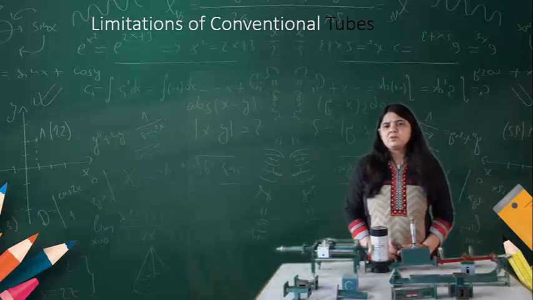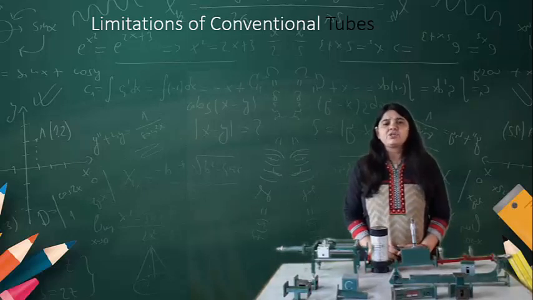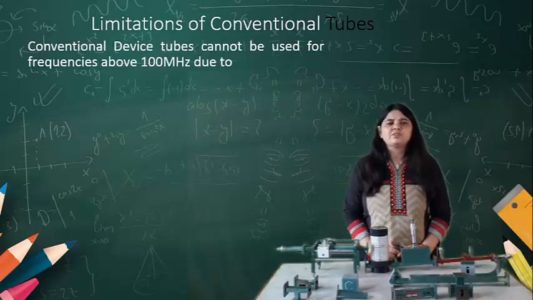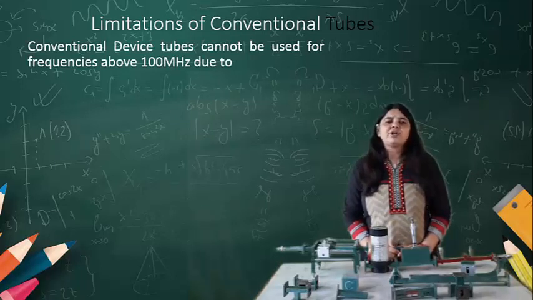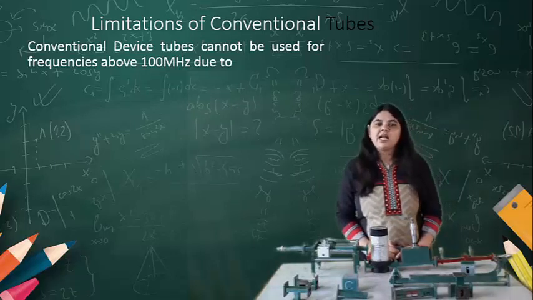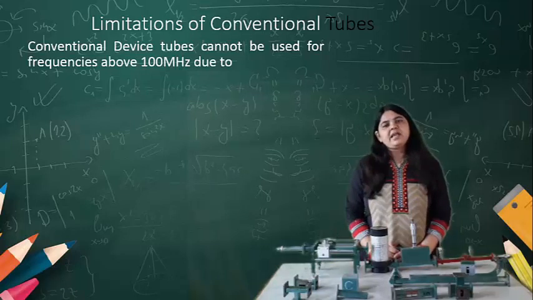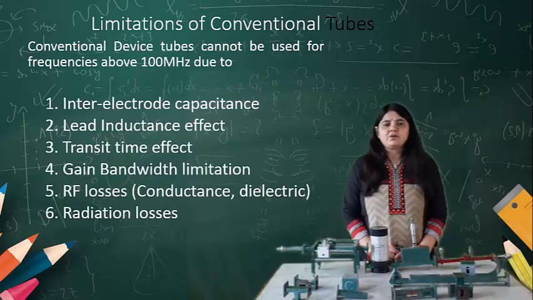The question is about the various tubes that are available. What is the limitation of the conventional tubes that are already used, and instead of using those conventional tubes, why do we need to use microwave tubes? The reason is that the conventional tube cannot be used above the frequency of 100 MHz, meaning they cannot work at the higher frequency.